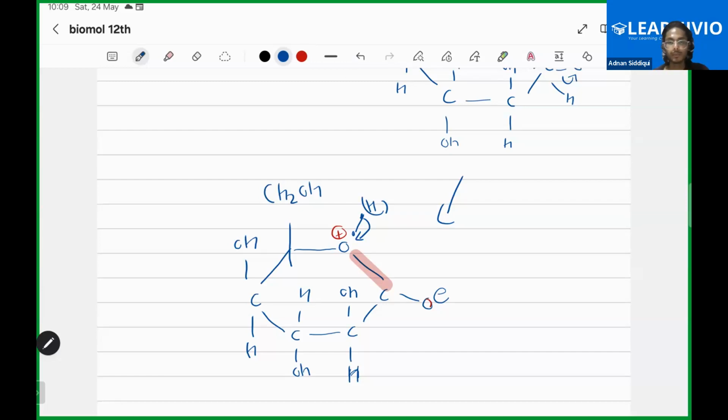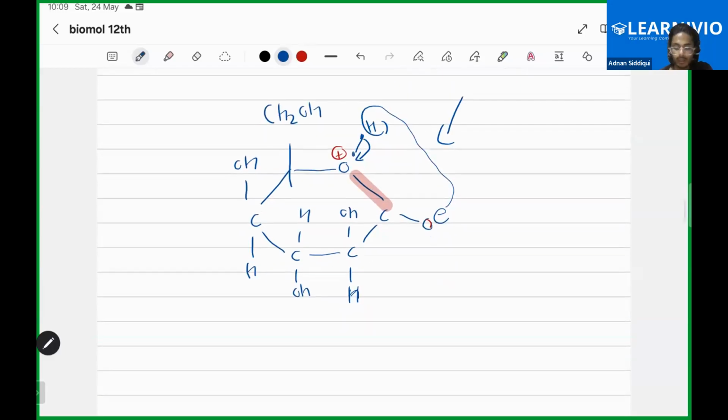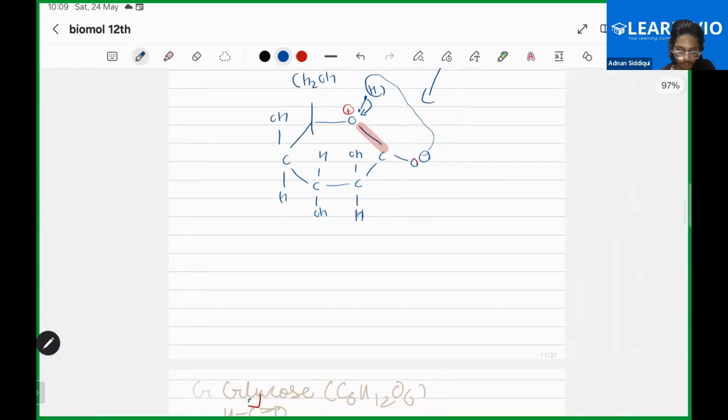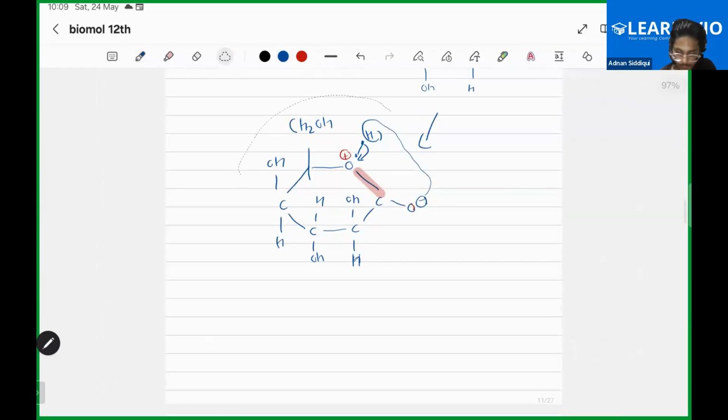This H positive will be removed and taken by this O negative, and these electrons will be transferred to the O positive. So if I do this, then what am I going to see?